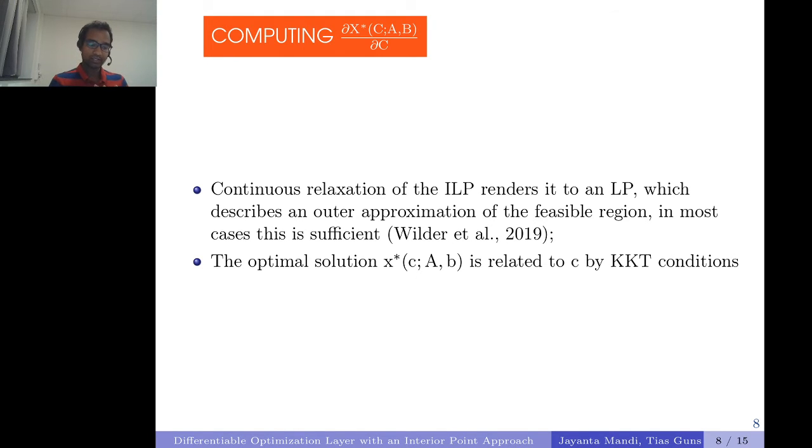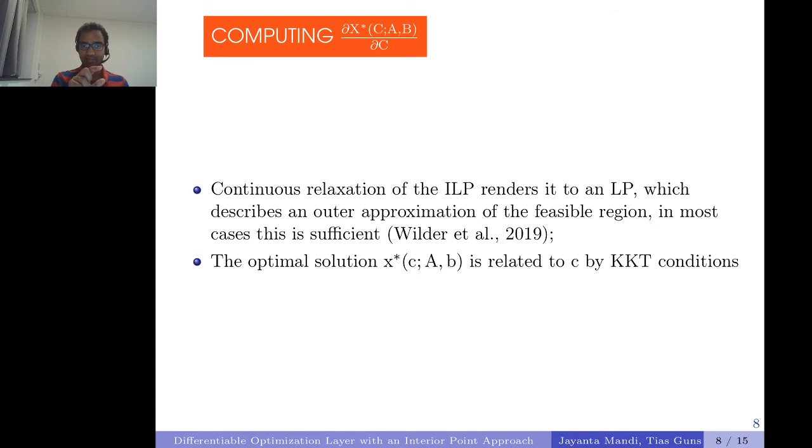Previous work by Wilder et al. has shown that such continuous relaxation always exists for any problem, and moreover their work also shows that such approaches are sufficient for most LPs, and this produces satisfactory results. So basically our problem has become an LP problem, that means a convex optimization problem. That means the KKT conditions are necessary and sufficient conditions for optimality.